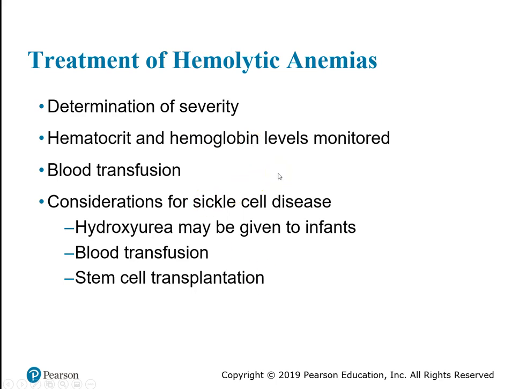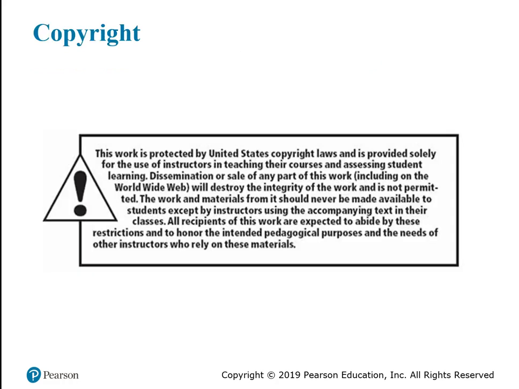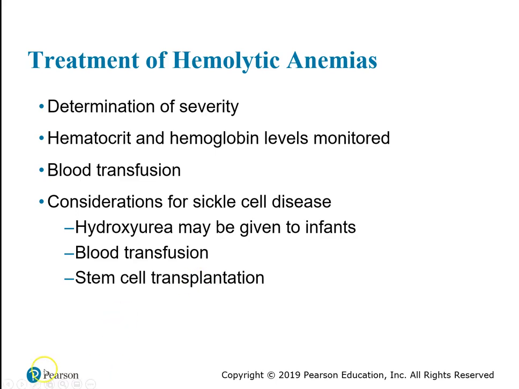Blood transfusion can work. For sickle cell disease, blood transfusions and stem cell transplantation, because it is a genetic defect. Those red blood cells are misshapen due to that problem with hemoglobin, so there's no drug that you can take to reverse these effects.